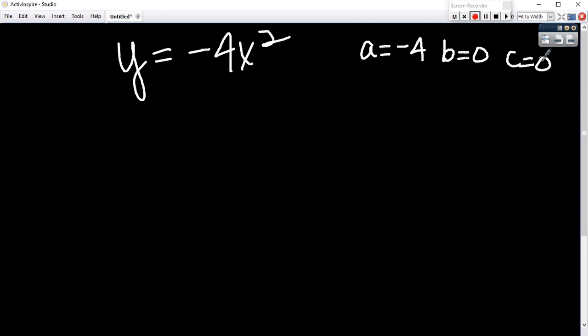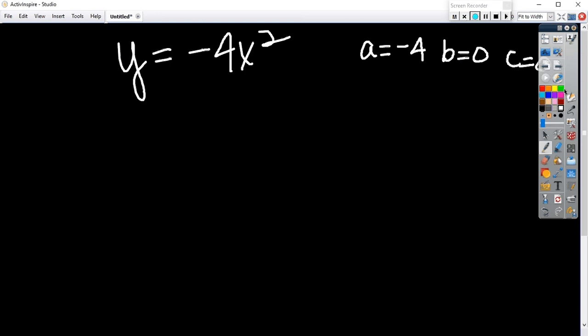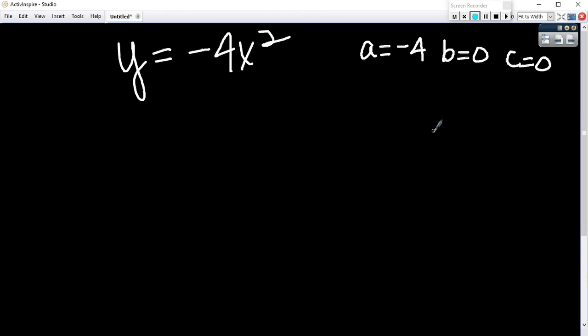Up or down? Down. Skinny or wide? Skinny. Everybody okay? Say that one more time. Yes, because the opposite of 0 is still 0.